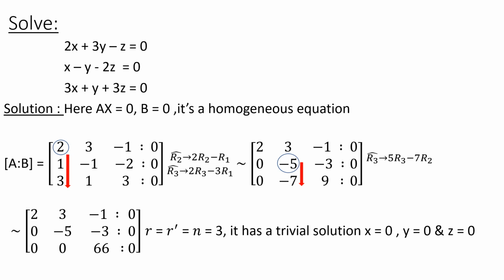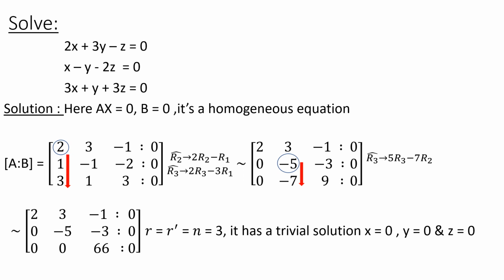Below the term that is minus 7, you have to make it 0 using row transformation and using row 2. Now the transformation that we take is new row 3 is 5 row 3 minus 7 row 2. So the third row becomes 0, 0, 66, 0.